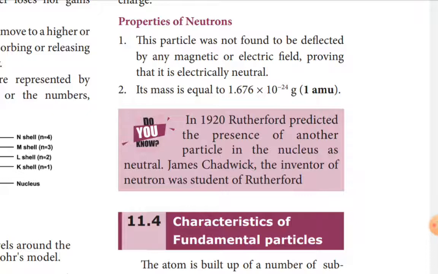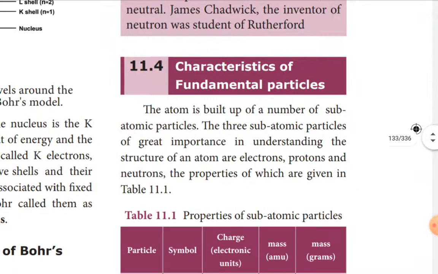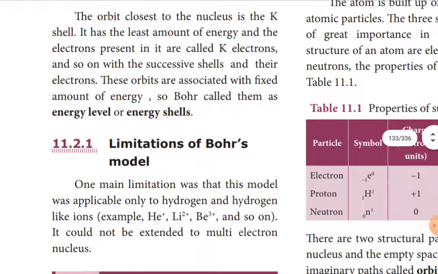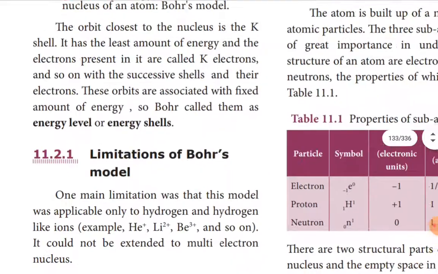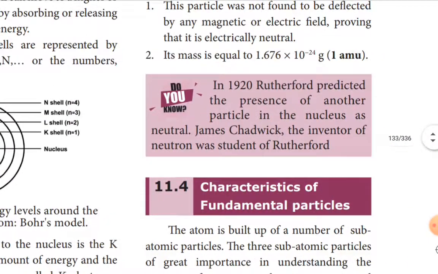He predicted it already, but only in 1932 did James Chadwick, the student of Rutherford, discover the presence of the neutron.